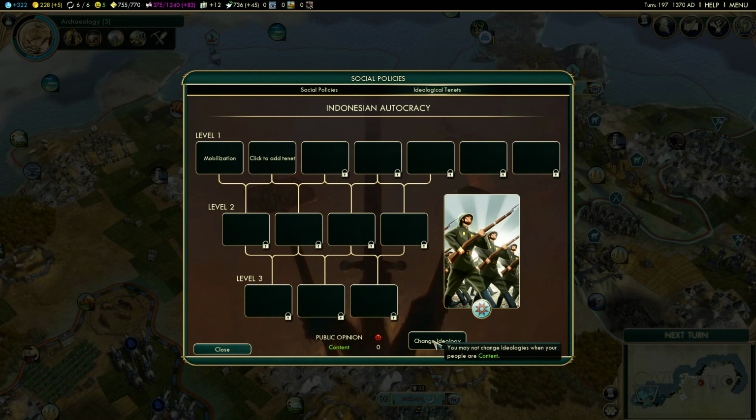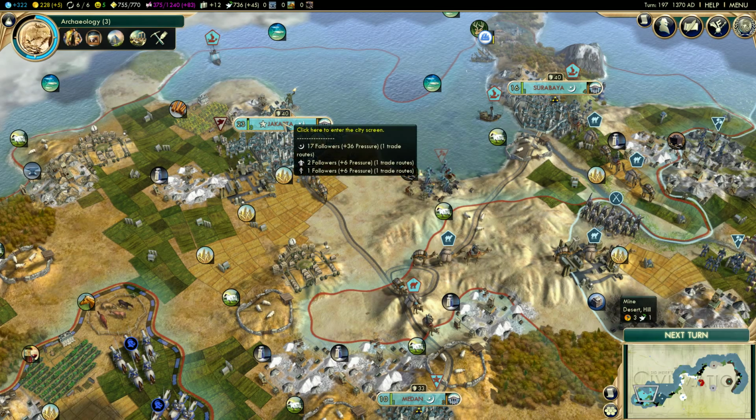And if you do have to change ideologies, try to postpone it as long as possible, unless, well, it is tactically correct of course. But usually, unless it's really deep into the red, you don't want to do this. You want to wait for the extra happiness policy, or that extra luxury, or that, well, extra happiness building that you can create.